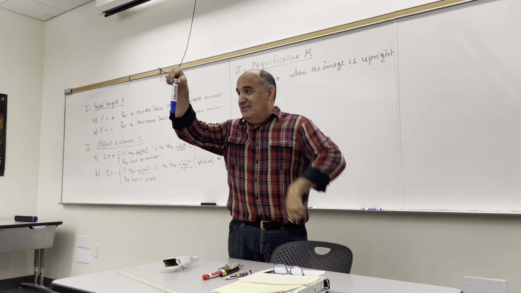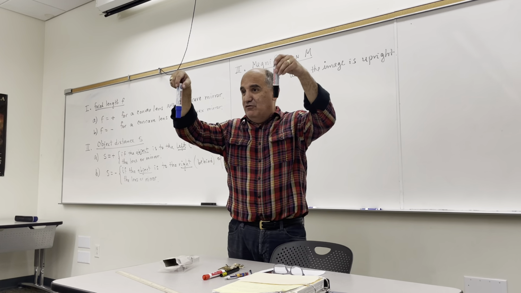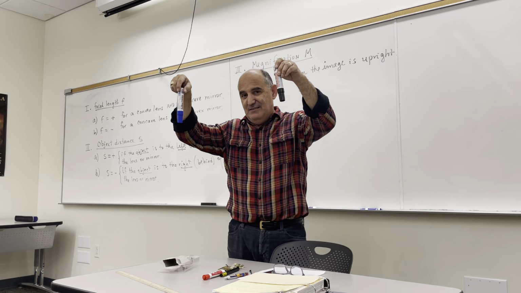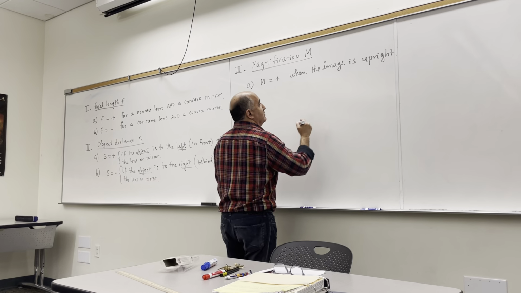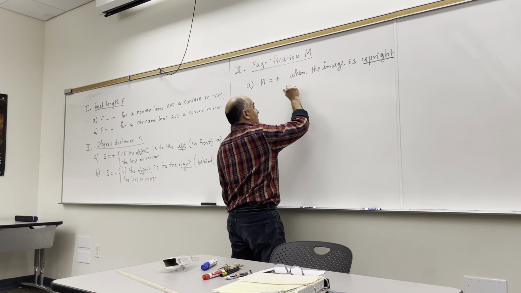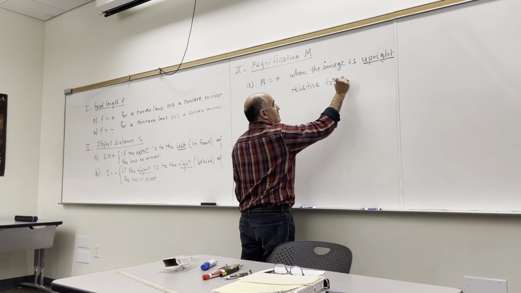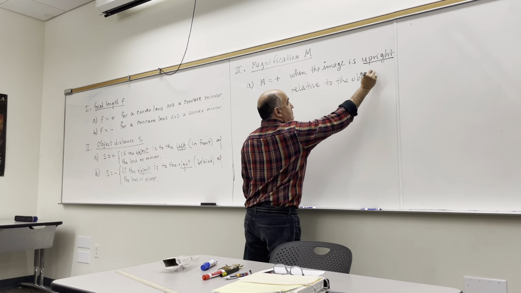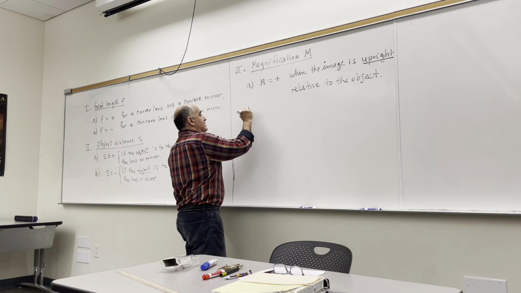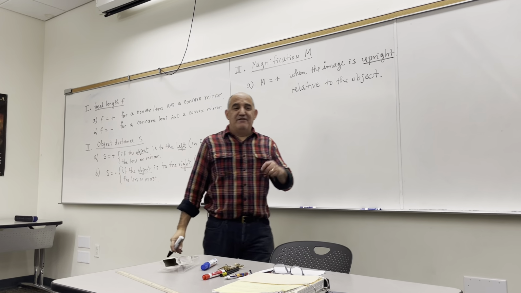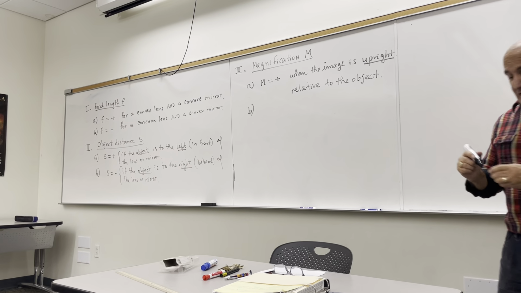If I put it like this, to you that looks inverted, but it is upright relative to the object if the object is like this. It's just that I didn't finish writing. So I meant to say when the image is upright, relative to the object. Right? So if the magnification is positive, the image is upright relative to the object.